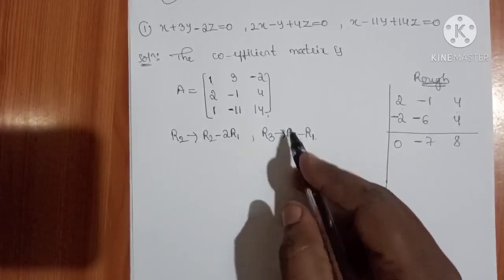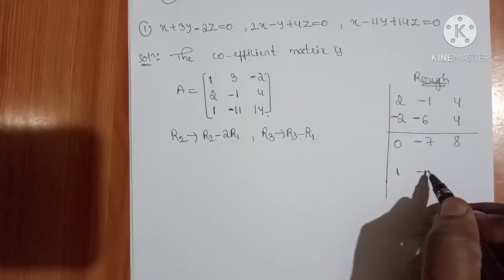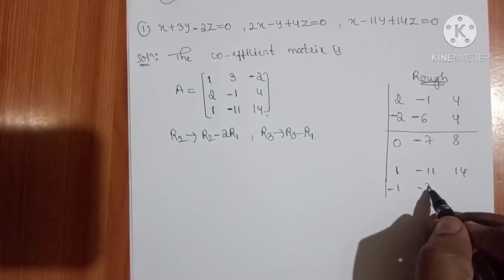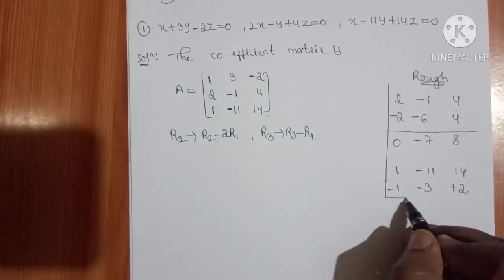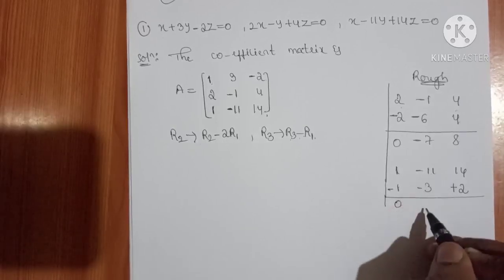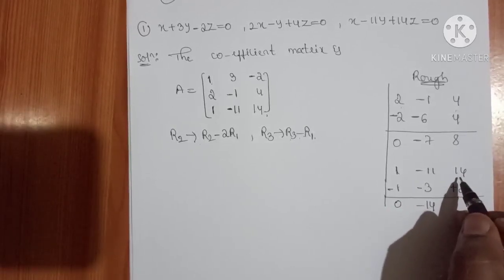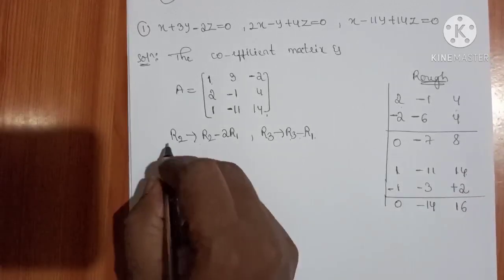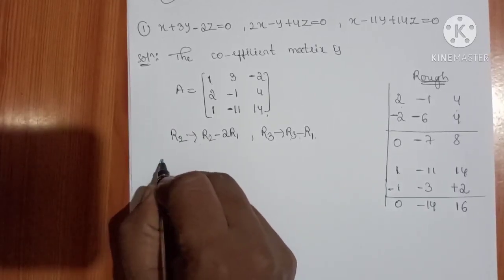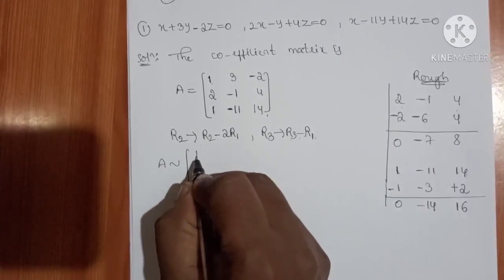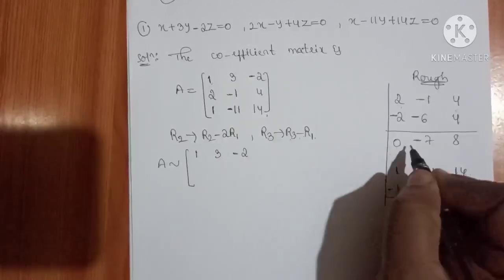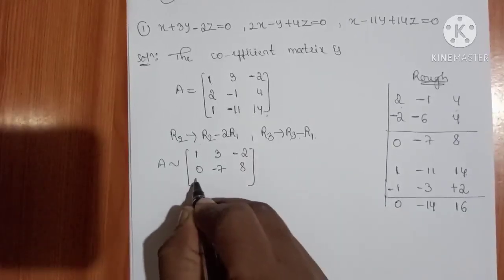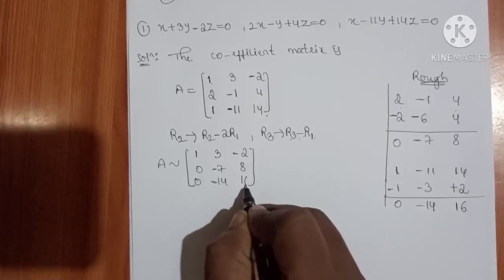Similarly, R3 minus R1: R3 elements are 1, minus 11, 14, minus R1. Simplifying we get 0, minus 14, and 14 plus 2 equals 16. Thus A is equivalent to first row as it is, second row 0, minus 7, 8, and third row 0, minus 14, 16.